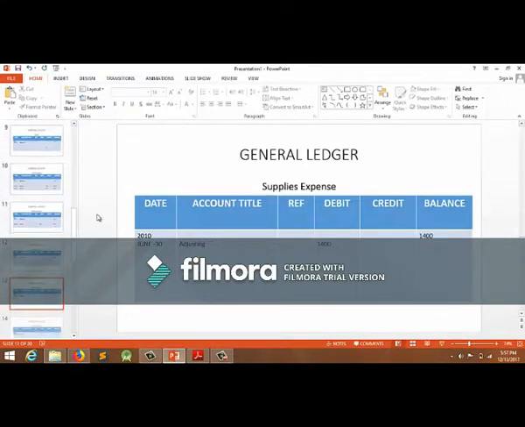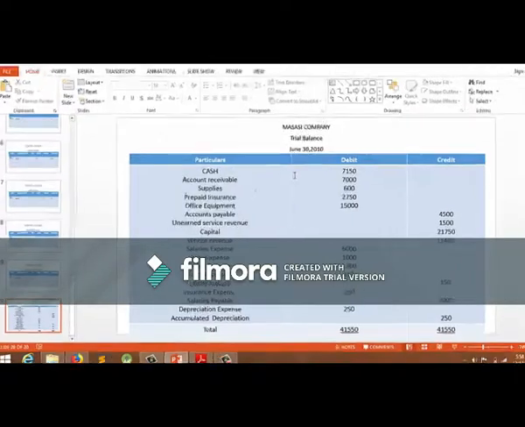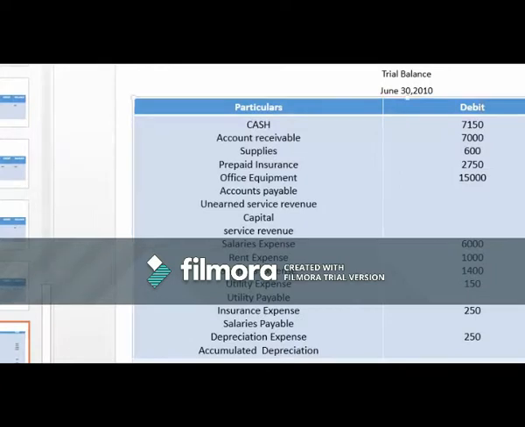Okay, so after doing all the ledgers we will do the trial balance, the adjusted trial balance. So we will write all the account names. We first need a table like this, with a particular section, a debit and a credit column.